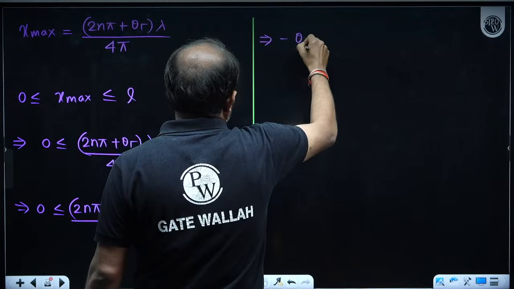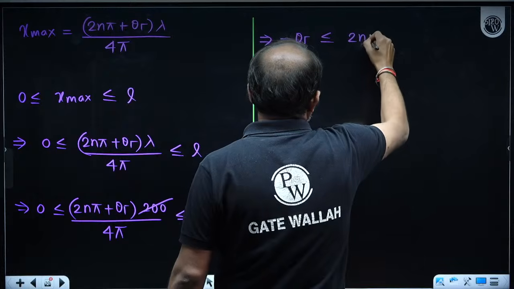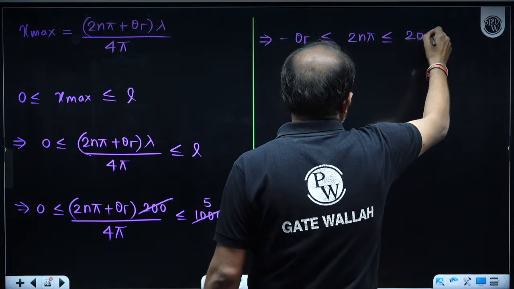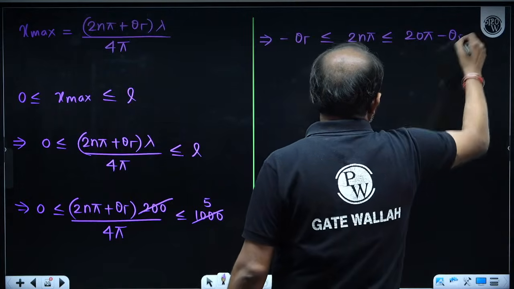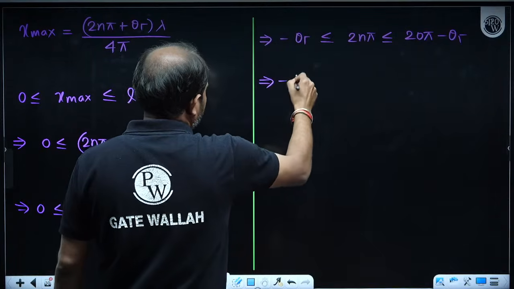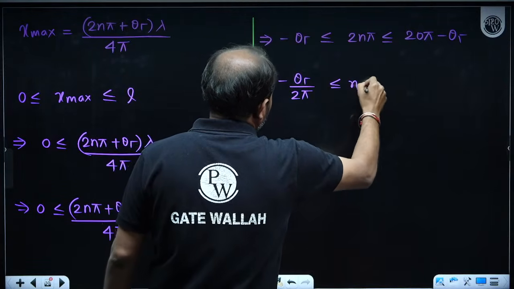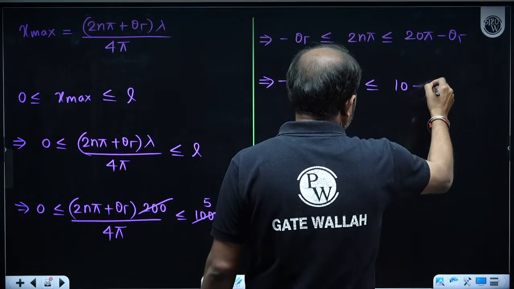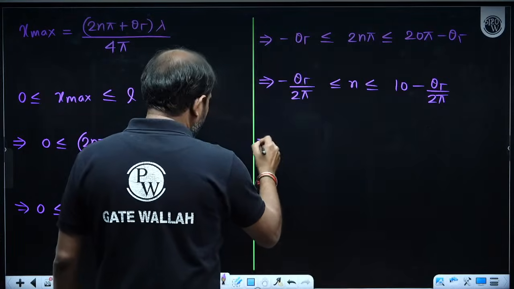So 2n pi plus theta gamma is less than 20 pi. So minus theta gamma, 2n pi is equal to 20 pi minus theta gamma. Divided by 2 pi, n is 10 minus theta gamma divided by 2 pi.